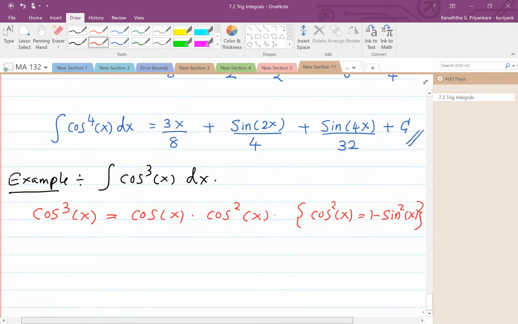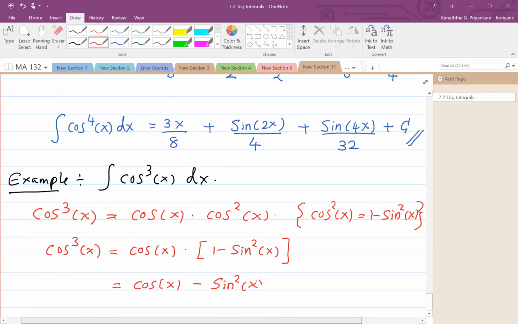Now I can substitute that here. So we get cosine x times 1 minus sine squared x. That is cosine cubed x. Now you can multiply each term by cosine x, so you get cosine x minus sine squared x times cosine x.